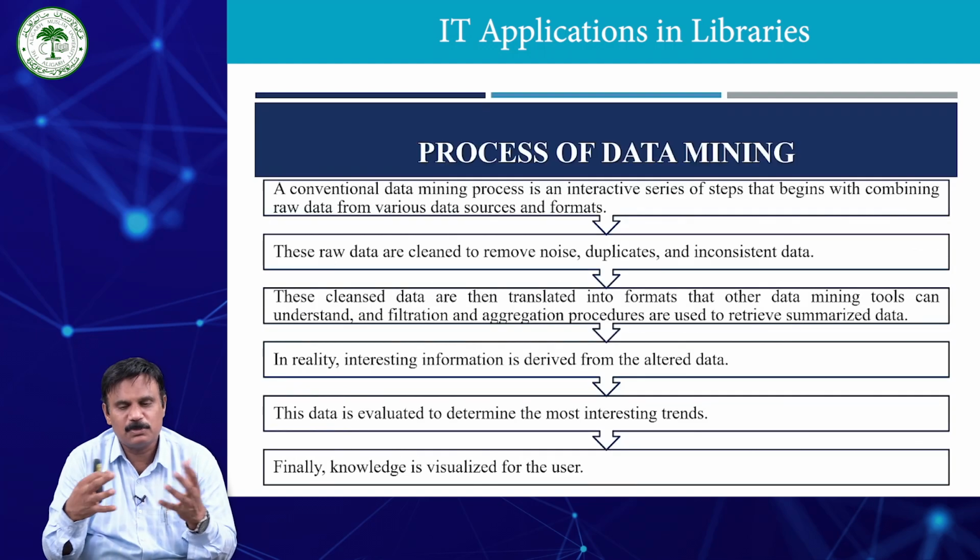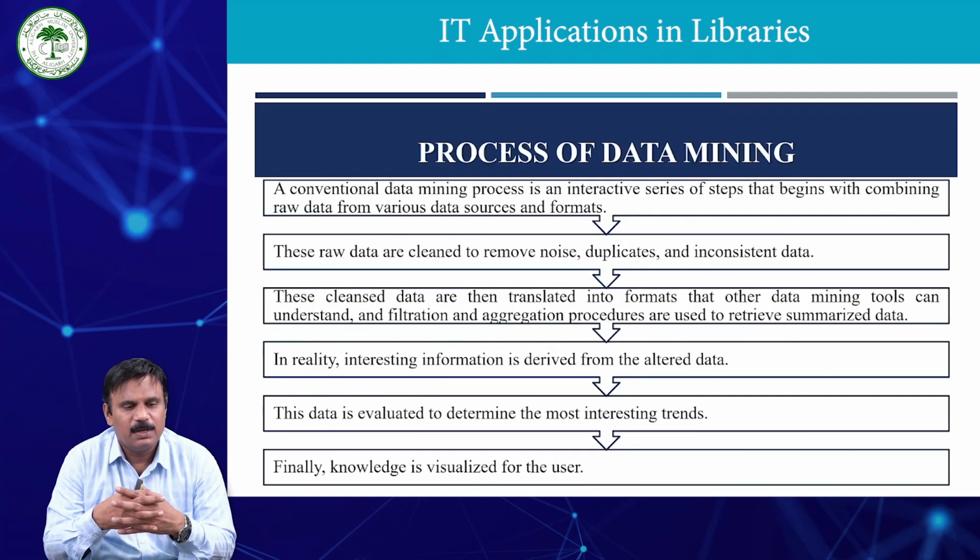What are the different processes of data mining? A conventional data mining process is an interactive series of steps that begins with combining raw data from various data sources and formats.